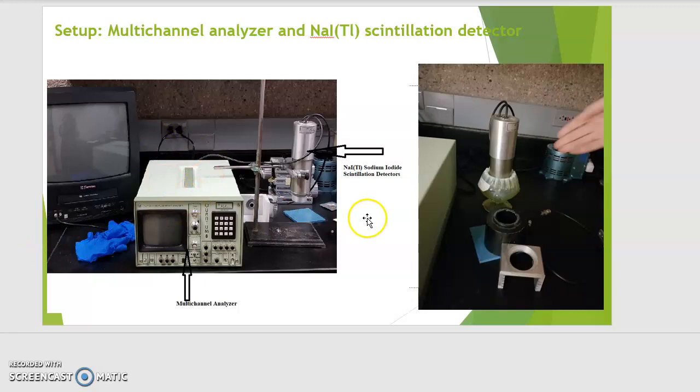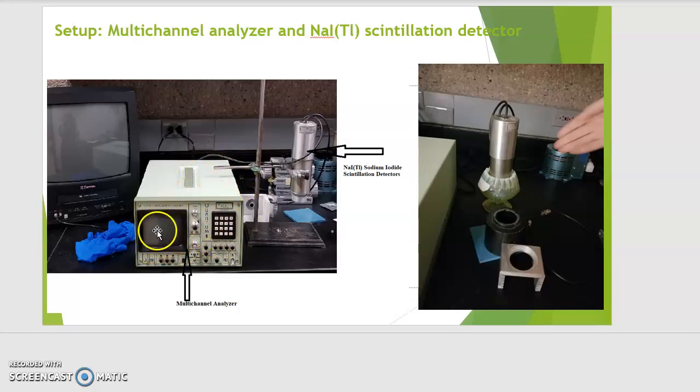And this is the setup we will use. You see there are 2 elements. This is the scintillation detector, and you see the tube at the bottom. You place the source at the bottom, the radiation enters the tube here, and it is connected to this multi-channel analyzer.